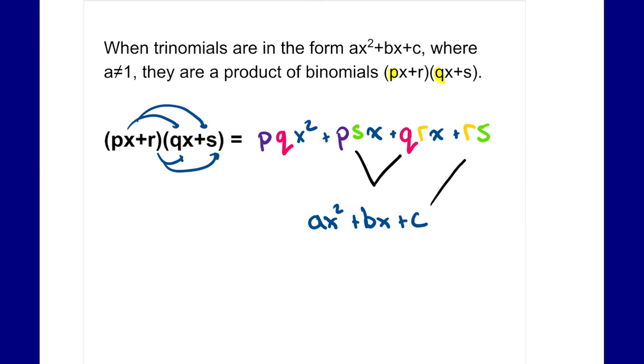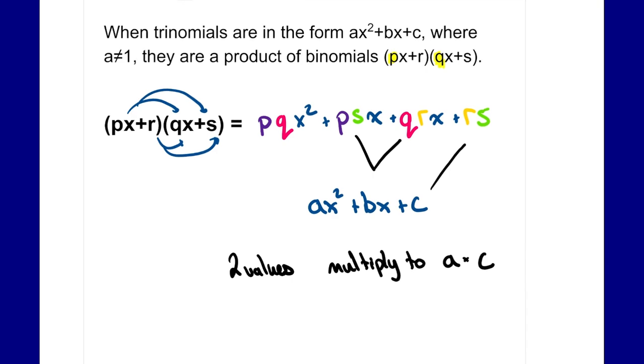But essentially what we're looking for is again two values, and the two values have to multiply to a times c, and the same two values have to add to b.